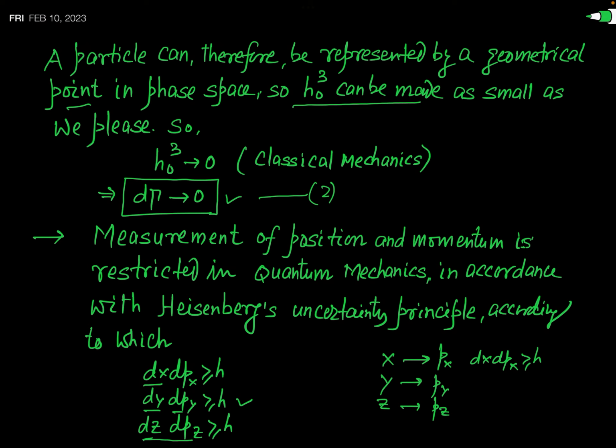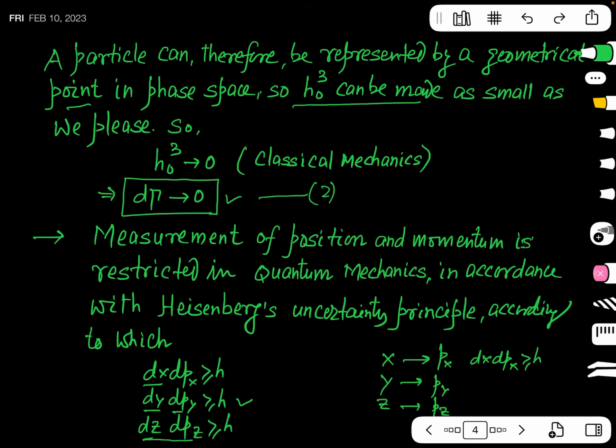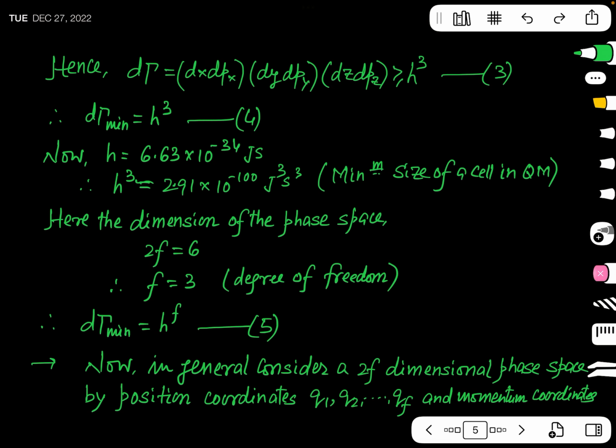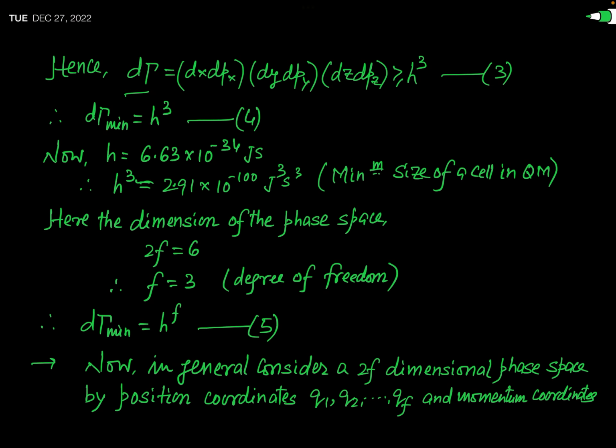The volume of the phase cell d gamma is given by dx times dy times dz times dpx dpy dpz. Arranging the terms, d gamma is equal to dx dpx times dy dpy times dz dpz.